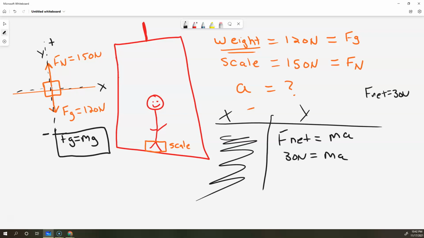So now I can solve for my mass. Fg, 120 newtons. Oh, and it's negative because I called down negative. Equals mass times the acceleration due to gravity, which will always be towards the Earth. So in this case, it's going to be down, so I will also call it negative.